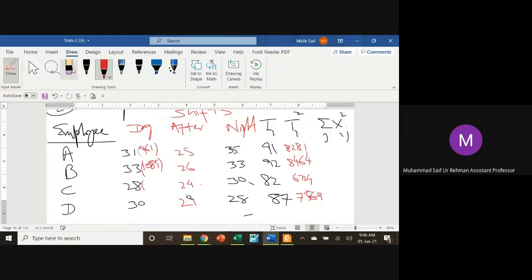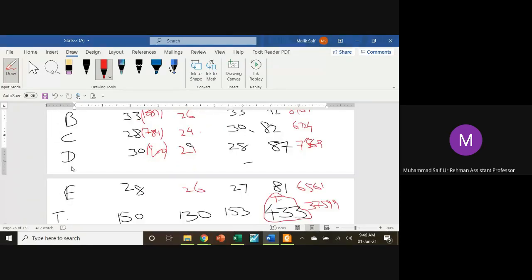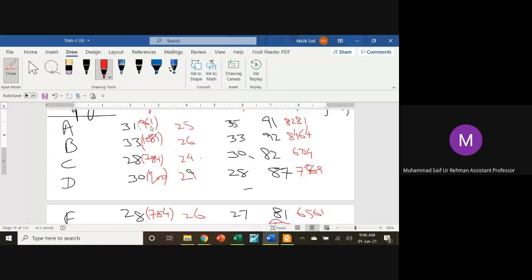28 square, 784. 30 square, 900. Next value is 28, and 28 square is 784. We have already found it. So now add these values that are there in the braces.